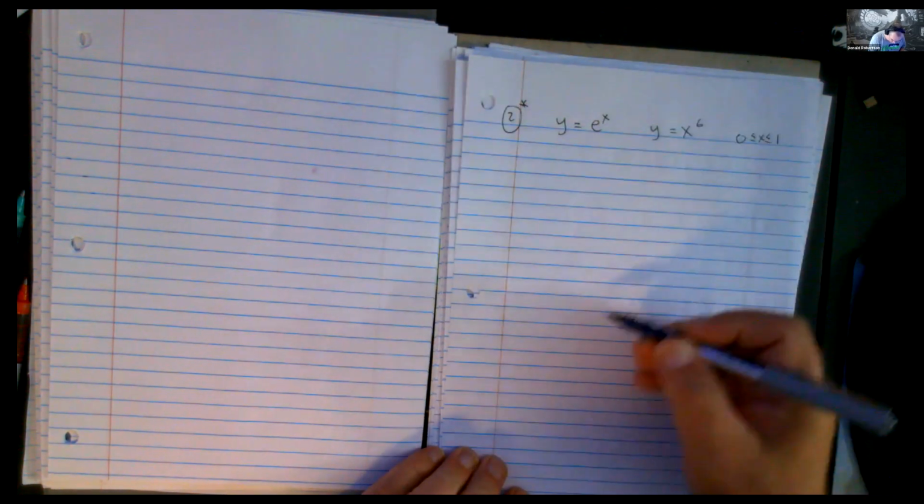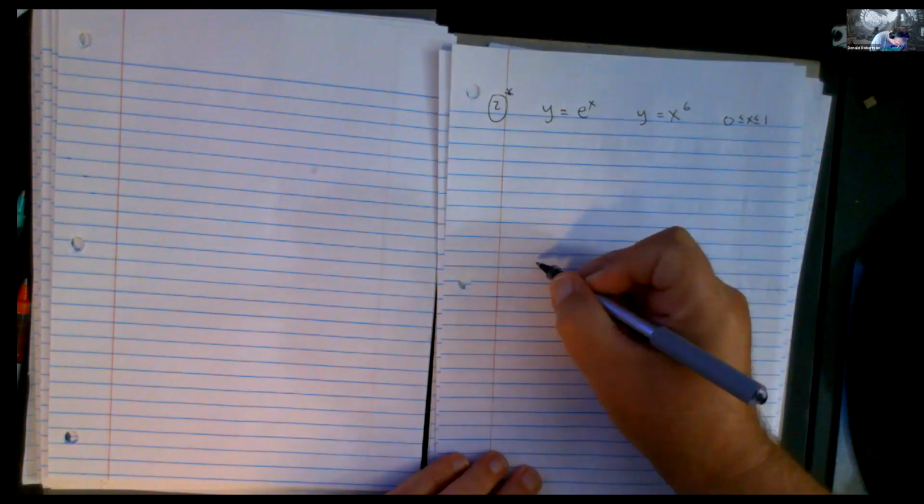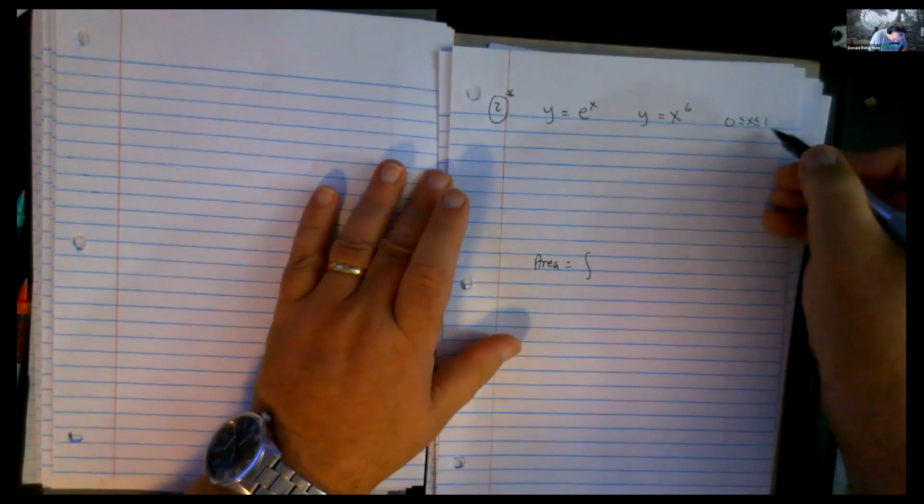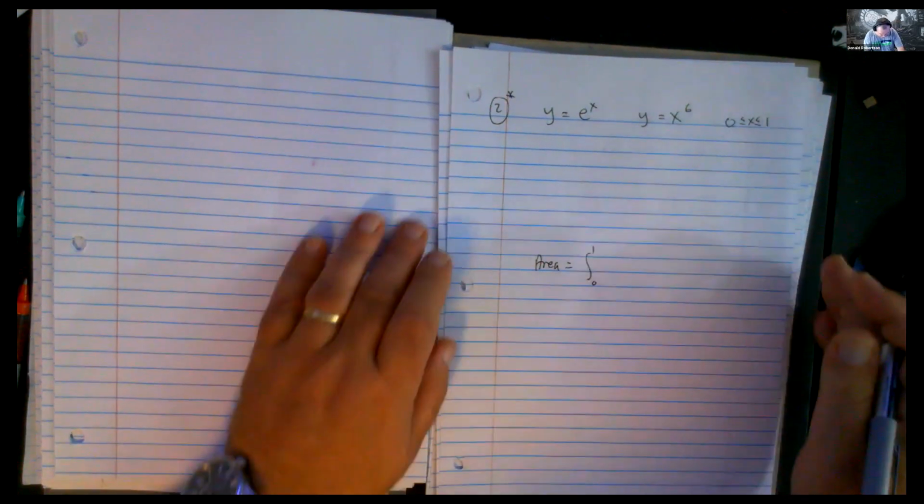So we know we're going to set up an area here. The fact that it's 0 to 1 makes life relatively easy. So let's see what that looks like in Desmos.